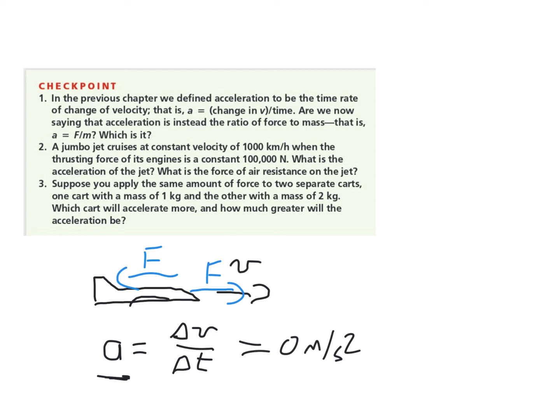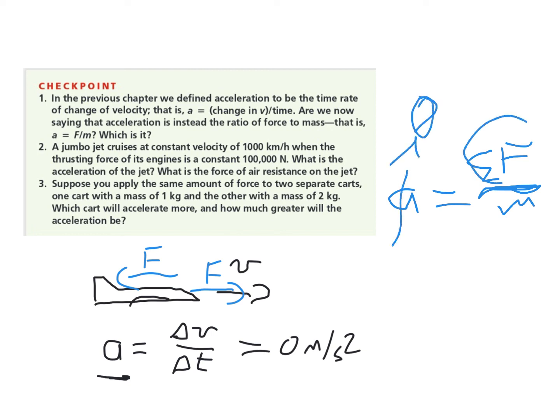Remember that the acceleration is equal to F over m, but it's the sum of the forces. It's all the forces added up together. So if the acceleration is 0, what must the forces add up to be? They've got to add up to 0. And so that tells me that 100,000 newtons up here, that must also be the force of air resistance, but in the opposite direction to cancel.